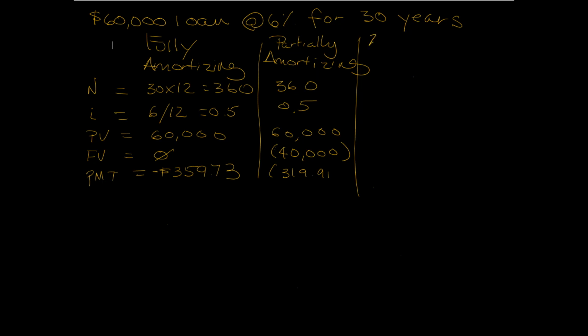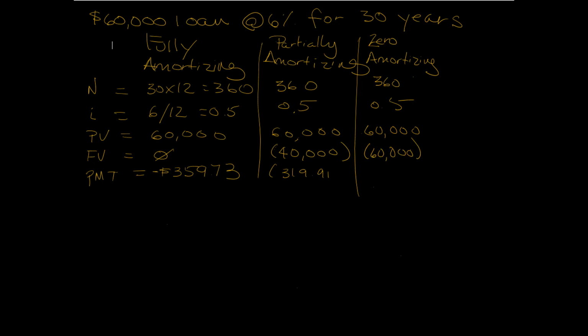So now what about a negative amortizing loan? So in this case, let's say that our $60,000 6% loan for 30 years is going to have a balloon payment of $80,000, which is more than the initial loan amount. So in this case, N will still be 30 times 12 or 360. I will still be 6 divided by 12 or 0.5.